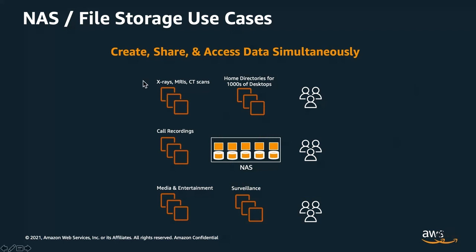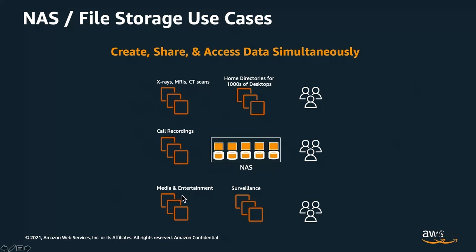Some of the use cases are in the medical vertical industry, where X-rays, MRI, and CT scans are stored in file storage so that they can be accessed simultaneously by many users. Call recordings is another great example, where millions and millions of calls are stored in network attached storage and can be accessed by applications and users simultaneously.